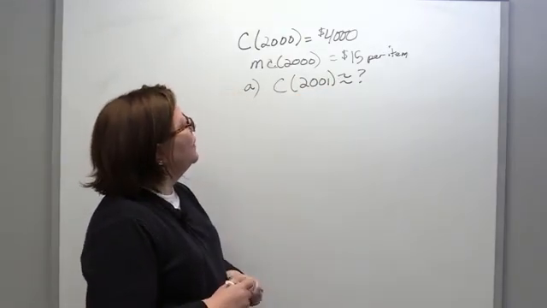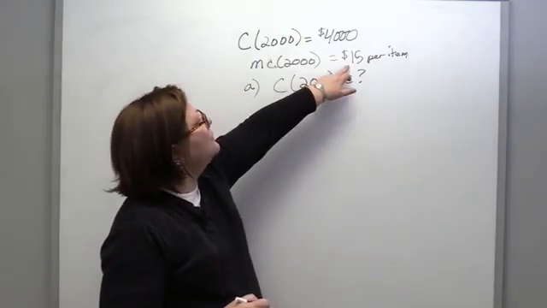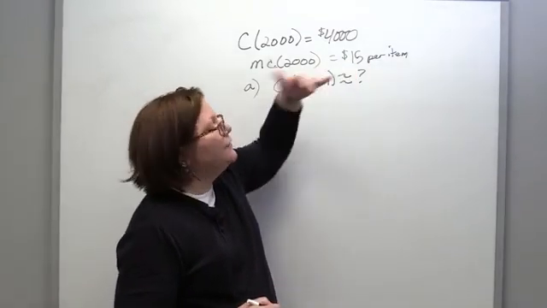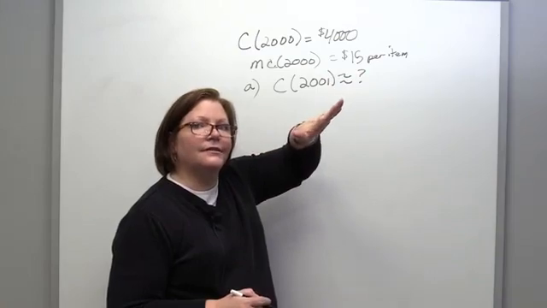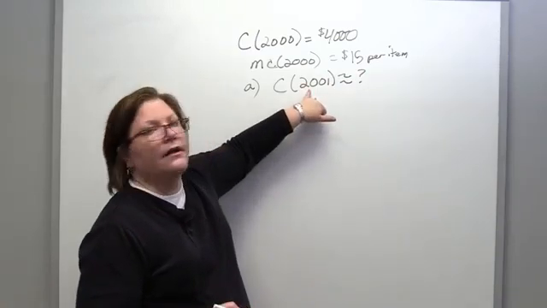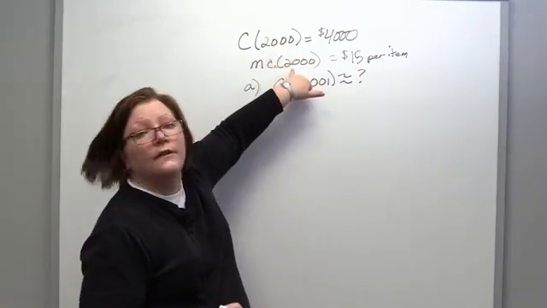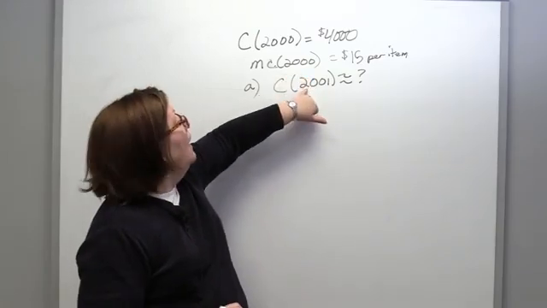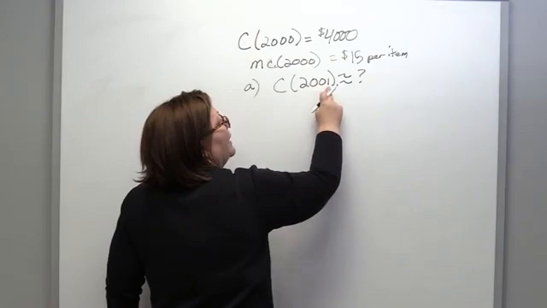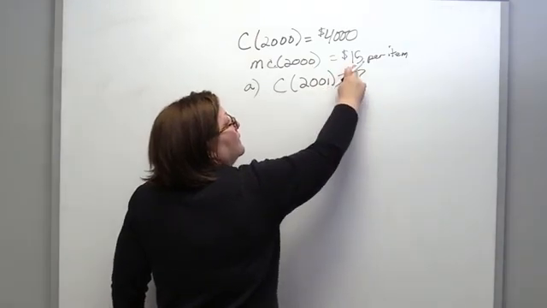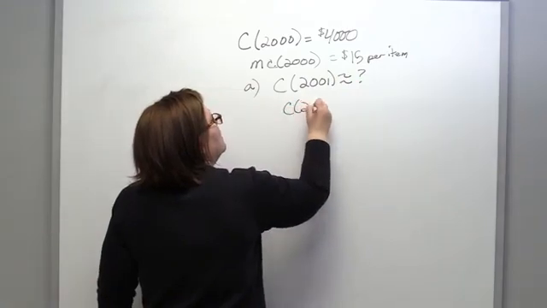But we're going to use this, and so this ends up looking like we're basically using linear approximation, our tangent lines, to estimate what is going on close to the point that we know about. And so we're going to use the fact that if we add one more item, the additional cost would be about 15.